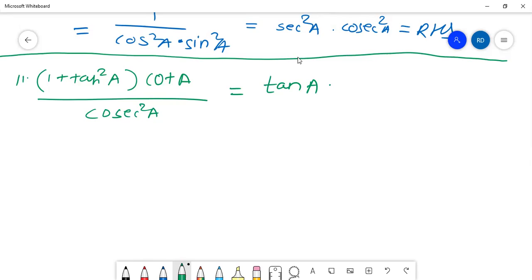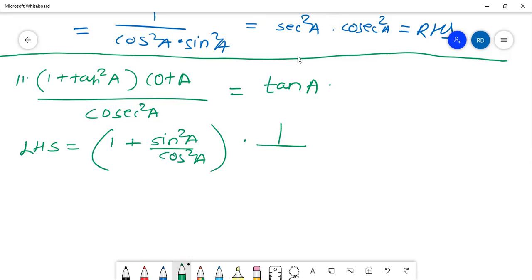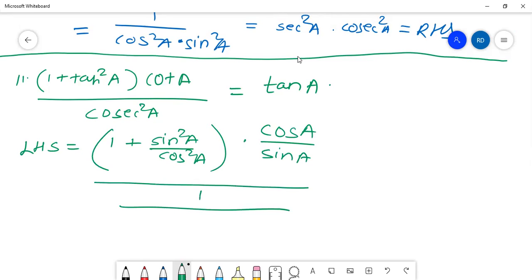So you have to convert the things. I'll take LHS is equal to 1 plus tan square A, which is sin square A upon cos square A. A bigger bracket will be there. Cot A you can write directly as cos A upon sin A, and cosec square A you can write as 1 upon sin square A. So I converted everything into this.